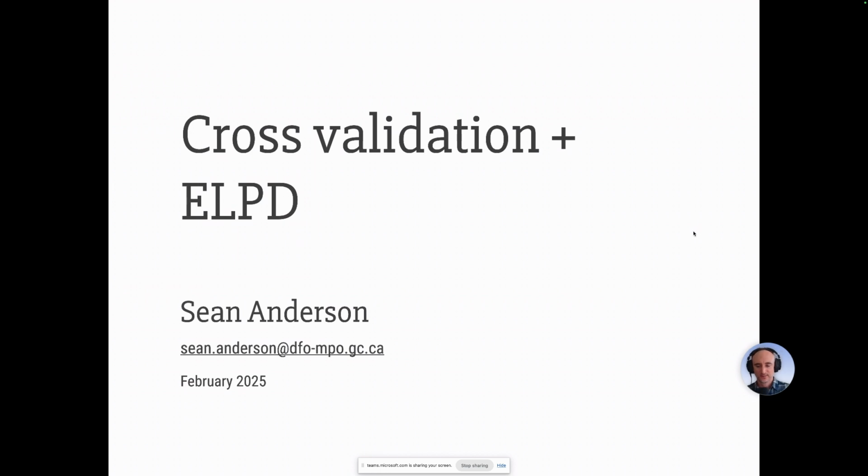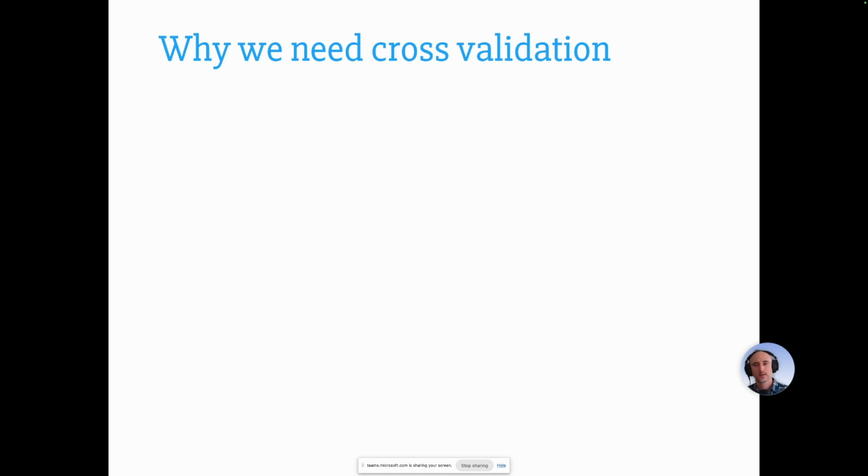So now I want to take an aside to talk about cross-validation, model comparison, and expected log predictive density. We have alluded to this throughout several of the examples with those pointwise log likelihood calculations. So now let's dive into what's going on here, why this is important, and what's happening. So why do we need cross-validation in the first place?